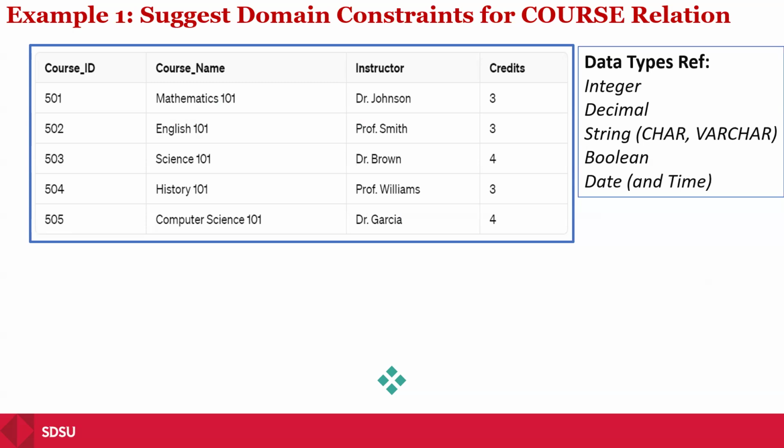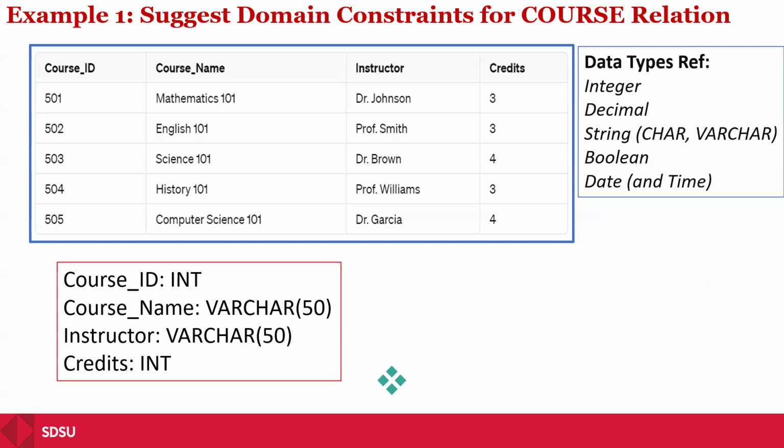Right. So let's look at what I have here. For course ID, I have an integer, but it probably can be a character. We don't have a size at this point, but based on this data, integer is probably a better option. We have course name, which is variable character 50, probably can be 20, but 50 is good.